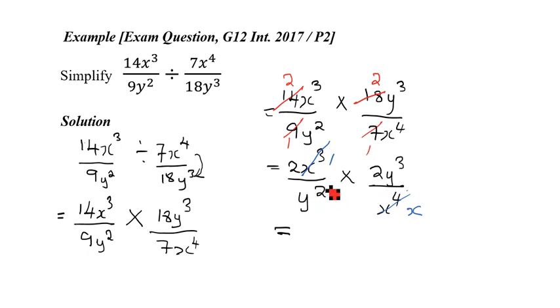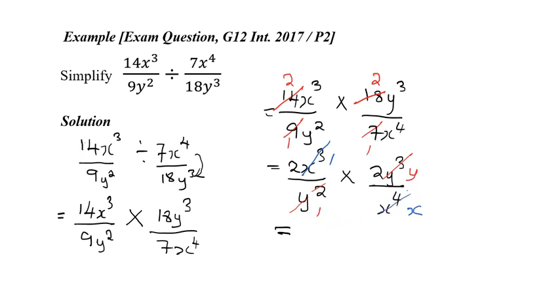So this y squared becomes 1, then this will just give us y, because you are cancelling the 2 y's from the 3 y's.